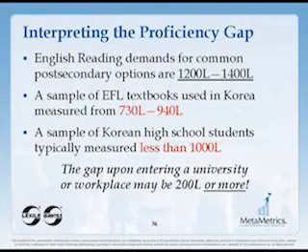And so just to summarize what this information means, based on a lot of the other slides that we were looking at in some of that context, we have a pretty good and consistent finding that the reading demands in most post-secondary environments can be thought of as 1,200 to 1,400 lexiles. And so looking at the sample of textbooks, it was 730 to 940 lexiles.